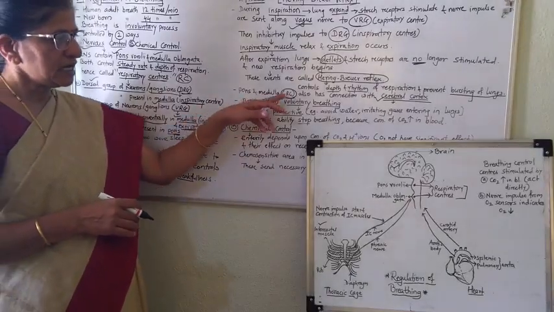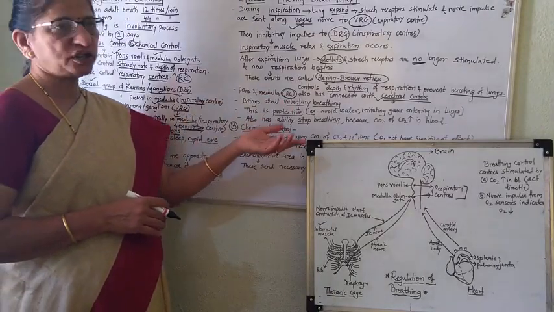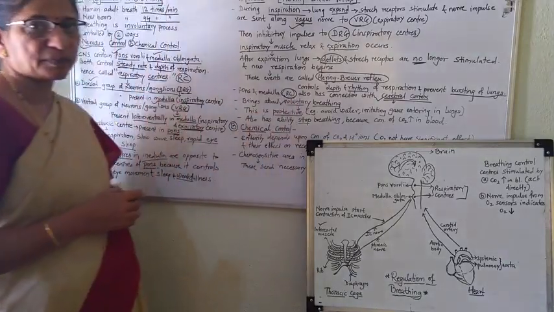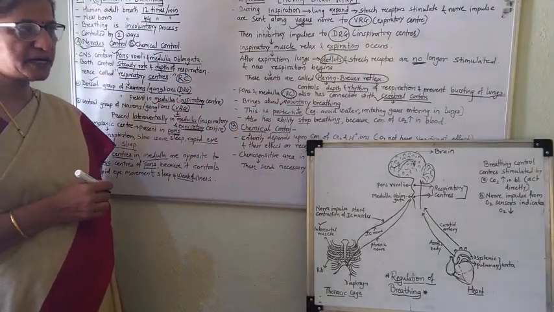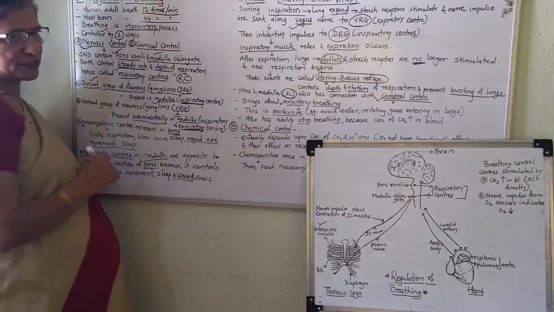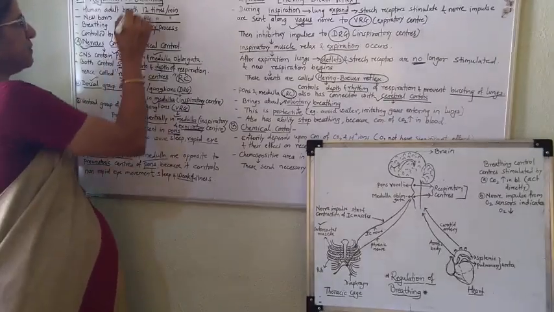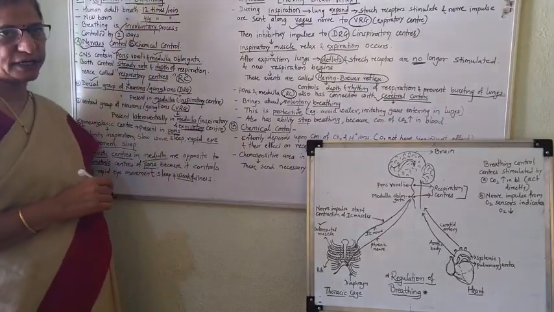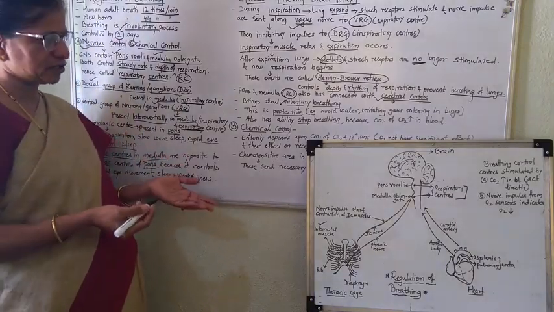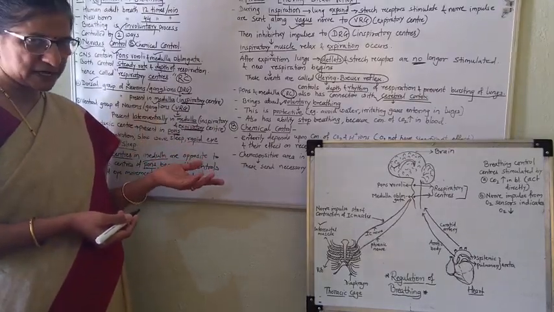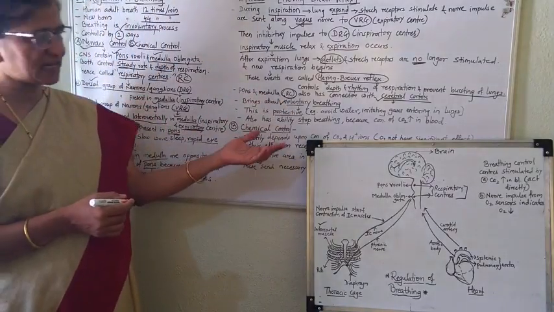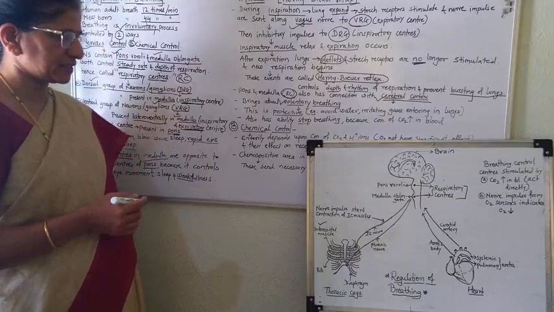So these pons and medulla are in connection with the cerebral cortex and they bring about voluntary breathing, because breathing is actually an involuntary process. The breathing is actually involuntary, but pons and medulla, which perform involuntary function, also take participation in voluntary breathing by connecting themselves with cerebral cortex.